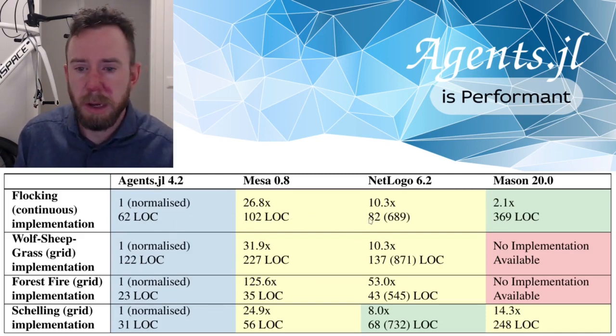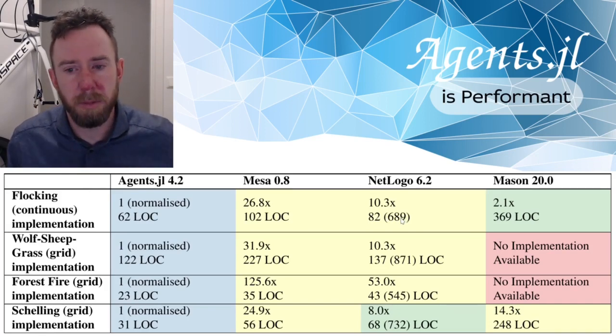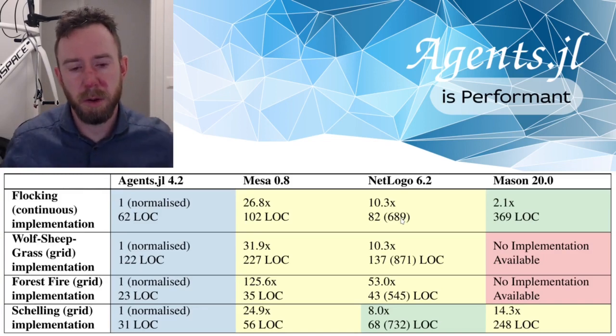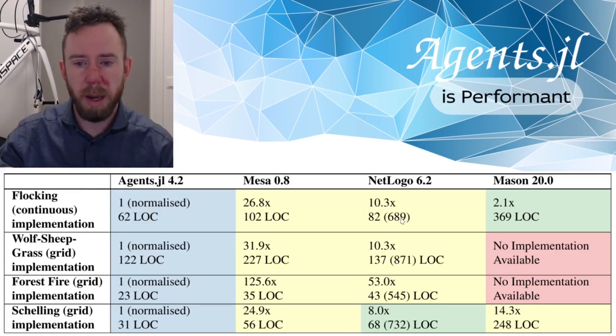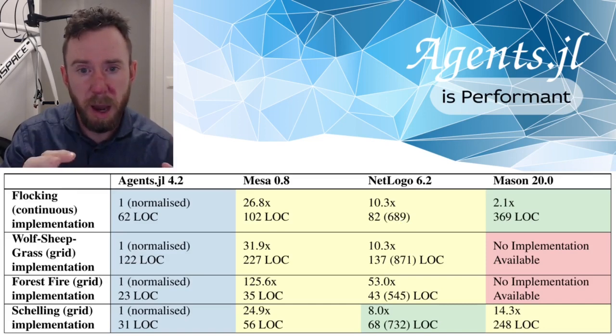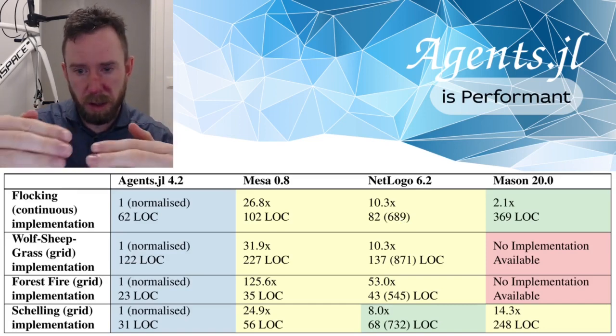NetLogo is close with 82. But the problem with NetLogo is that it has this bracketed version here, because NetLogo's GUI has a lot of its setup inside the GUI.